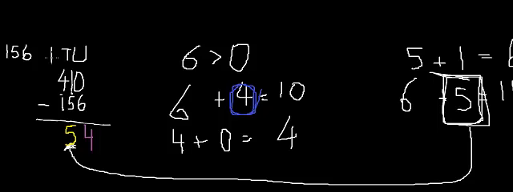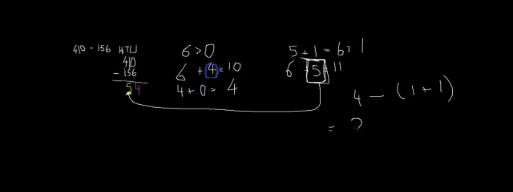Here we go. And this is pretty simple. It's actually really simple. We just have to do 4 minus 1 plus 1, which is equal to 2. So just put the 2 here.